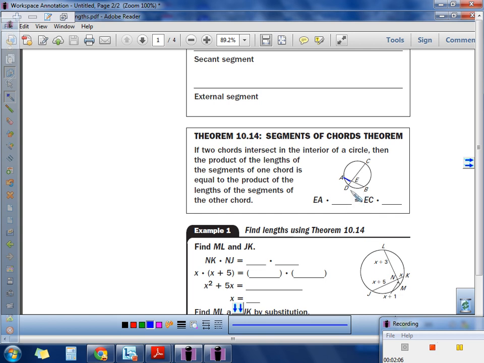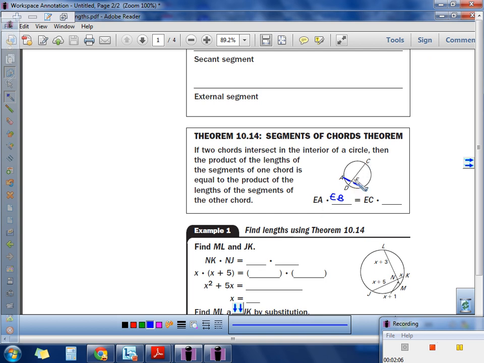Did anybody figure it out? What goes in this first blank? EB. Well, where is EB? AE times EB. Oh, it's the 2 pieces that are made whenever it's bisected, or not exactly bisected, but intersected. So whenever one chord is being intersected or cut, not exactly bisected, those are the 2 pieces that are going to be multiplying by each other.